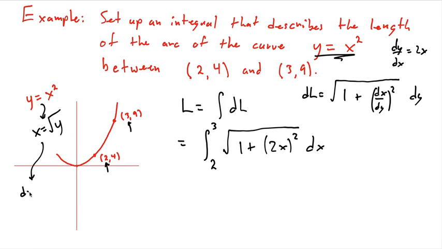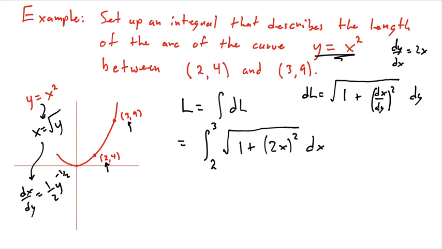That means that dx over dy, we're switching the way that we normally think of these letters, but the derivative of x with respect to y is the derivative of the square root of y. That's 1/2 y to the negative 1/2. That's dx over dy.